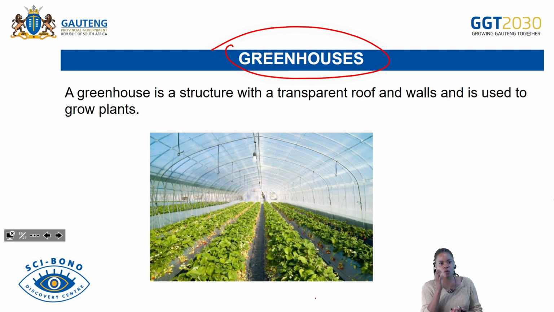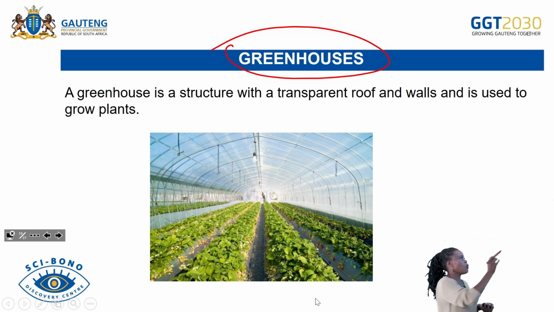What is a greenhouse or what are the greenhouses? It is the transparent house, which does what? Yes. Okay. Greenhouses are these structures which are built specifically to do what? To grow plants under a controlled environment.